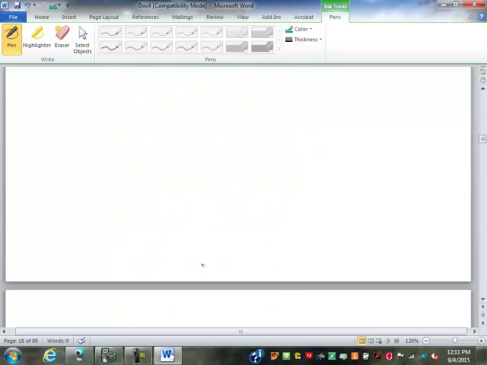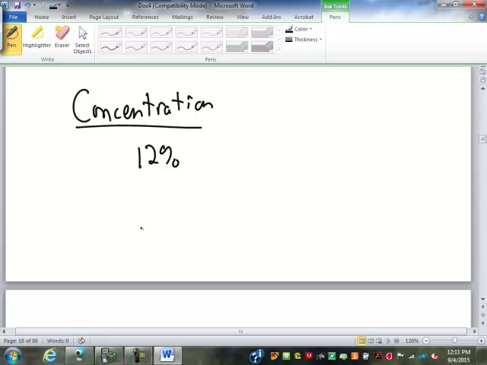So anyway, the concentration of a solution is usually given as a percent. Let's say we have a 12% concentration. What that means is 12% of the total volume is the solute.